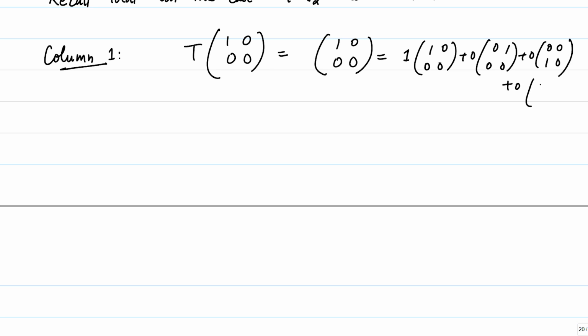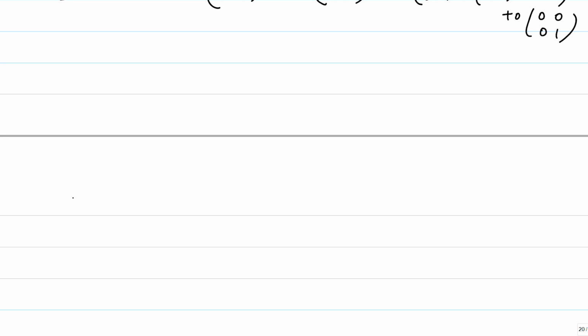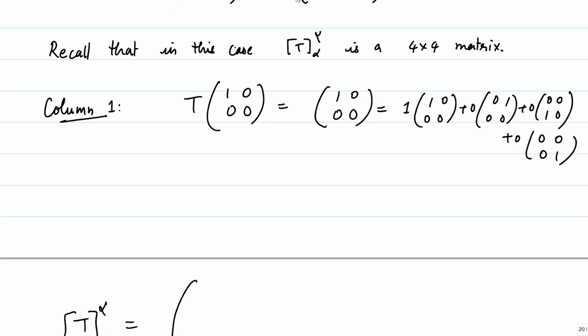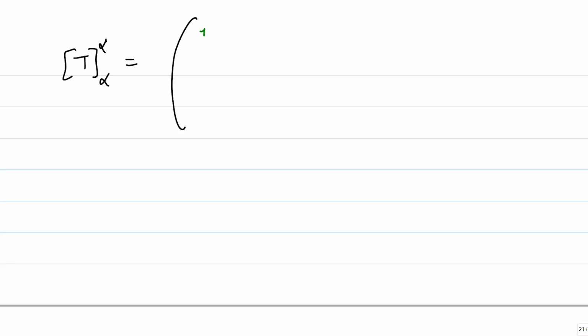Hence the first column of T alpha alpha will just be these coefficients, which I am underlining in green, so it is equal to 1 0 0 0.